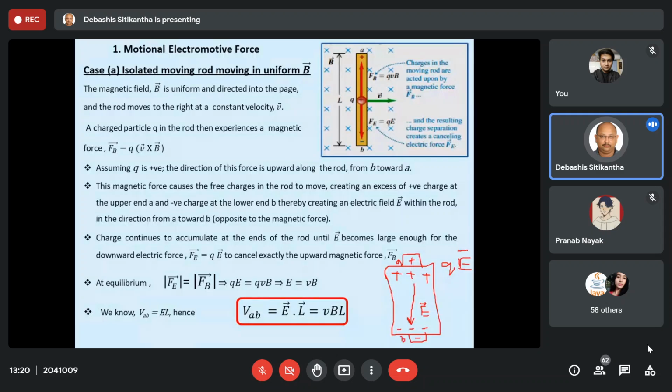So at one position we will see an equilibrium condition. That means when all the positive and negative charges are separated and the conductor is still moving inside the magnetic field, then at equilibrium the magnitude of your electric force and your magnetic force are going to be the same, but their directions are completely opposite to each other. That means your Fe vector and Fb vector will have the same magnitude, but their force directions are just opposite to each other.